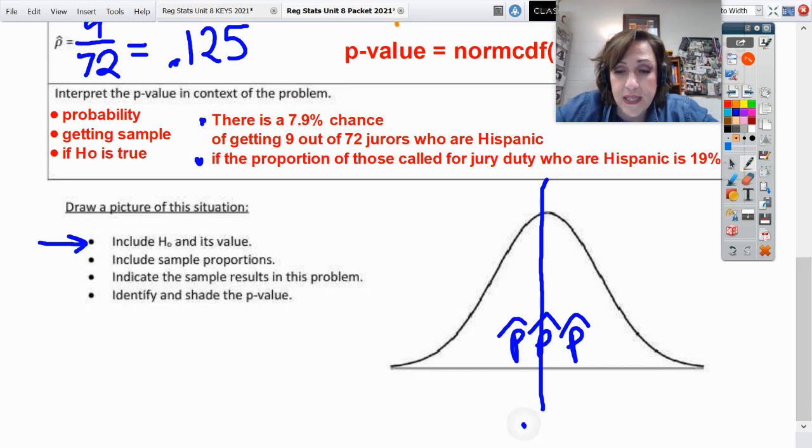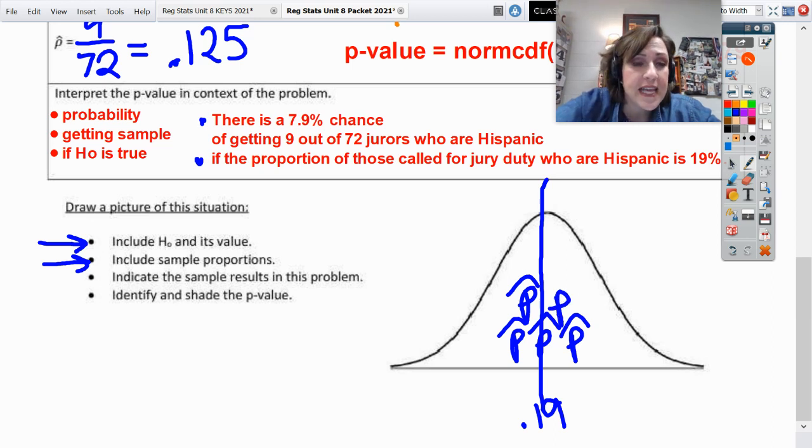Here it is, 0.19. Include some sample proportions. That's all my little p hats I'm putting in here. Okay, so that's this. If the proportion of those called for jury duty who are Hispanic is 19%, that's what I've drawn right now.